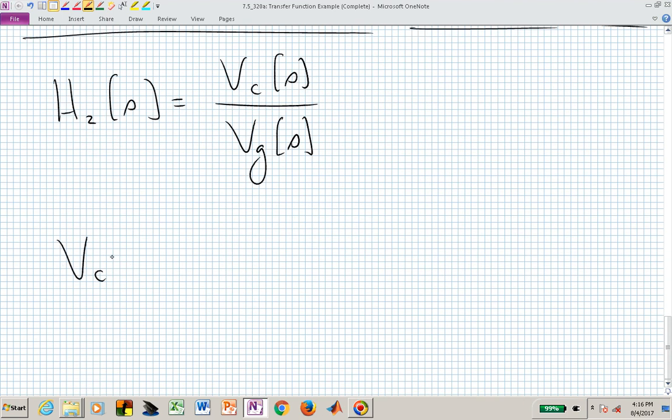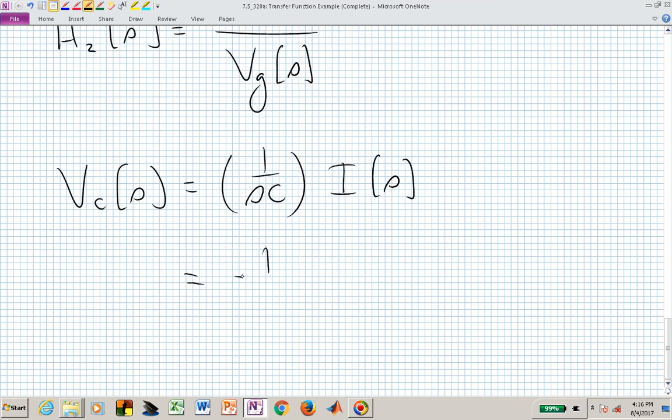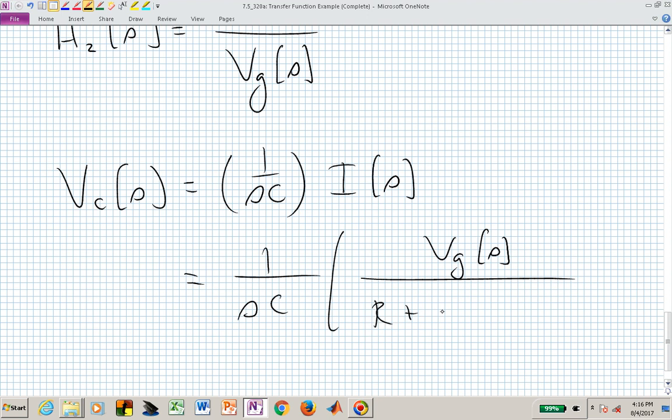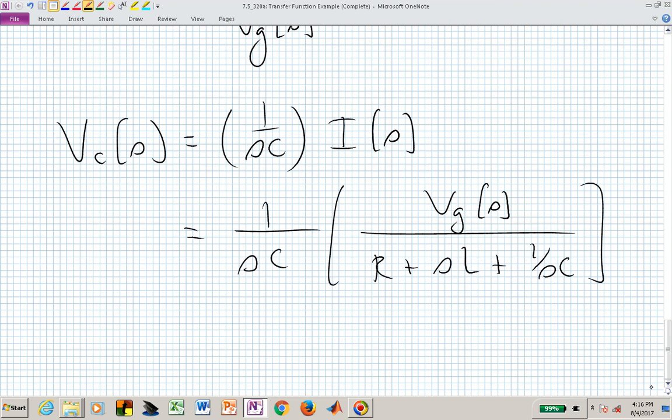Well, V sub c of S is just the impedance of our capacitor times the current flowing through that circuit, or this is now 1 over SC times V sub g of S over R plus SL plus 1 over SC, going back to what I was expressed as in terms of V sub g and the impedances.